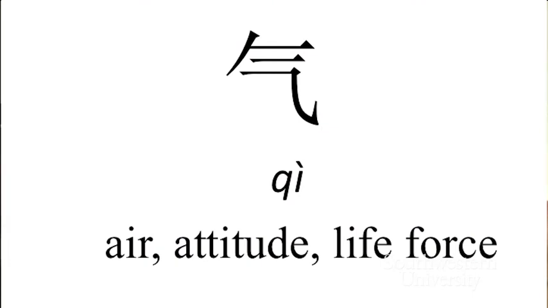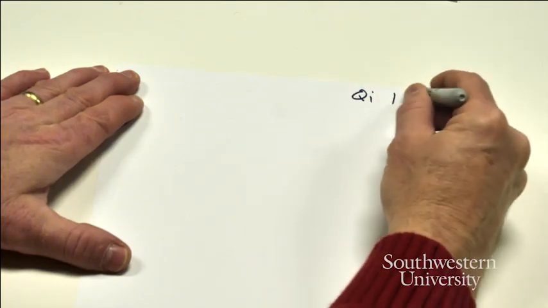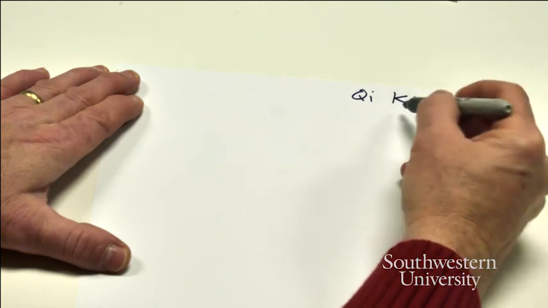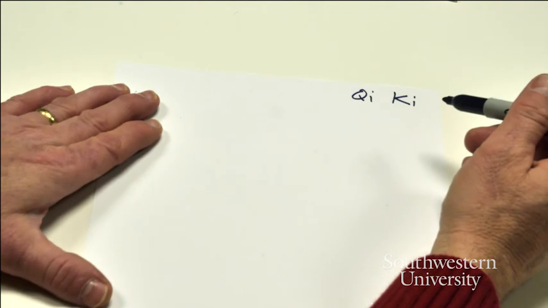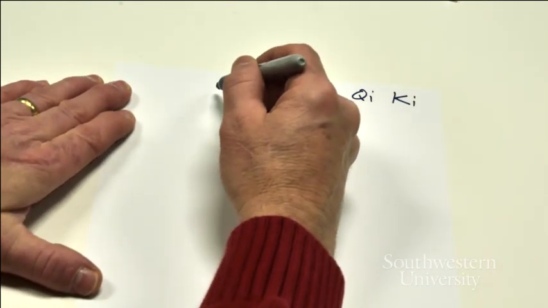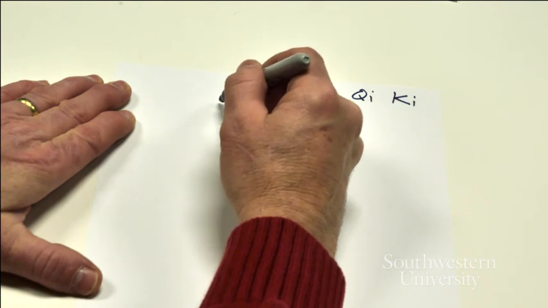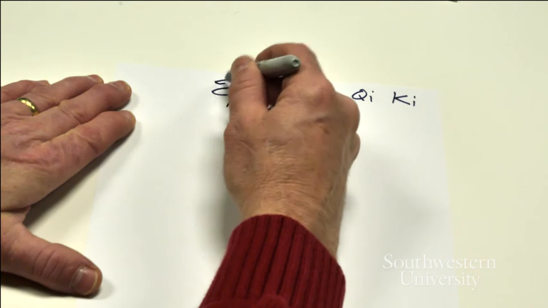Qi is actually a word in English. Qi, which I think still ought to be pronounced qi. This is breath or air, and originally it looked something like this. I'm going to try this, but I don't think I'll get very close at it.